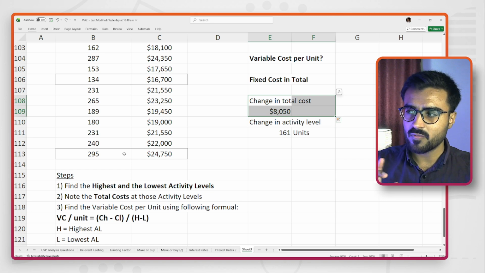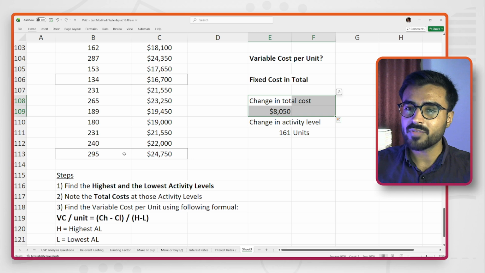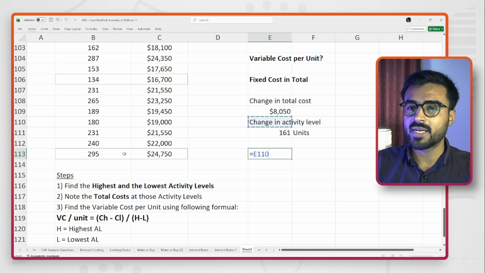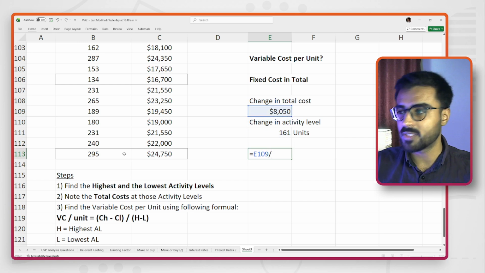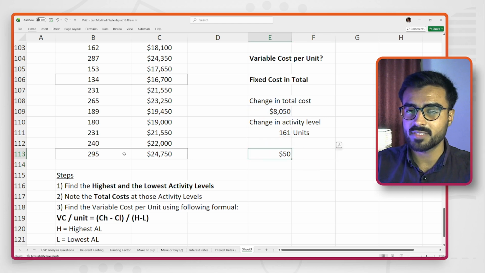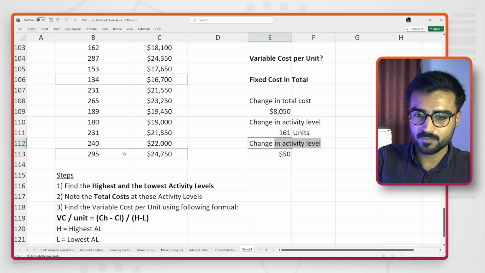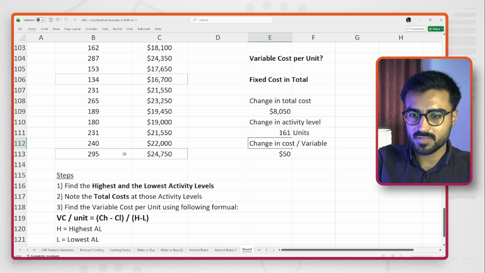So why does a cost change? Is it due to the variable element or the fixed element? Of course, whenever a cost changes, it is only due to the variable cost, right? So we simply calculate the change in cost per unit. The change in cost per unit is $50, which means it is the variable cost.